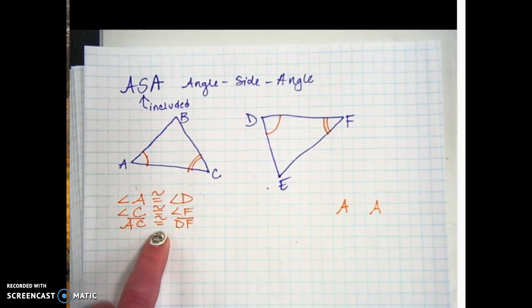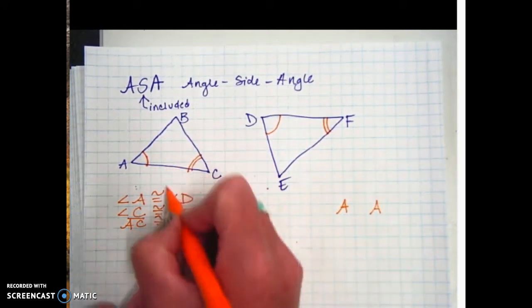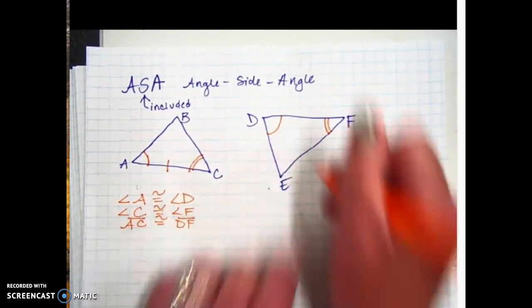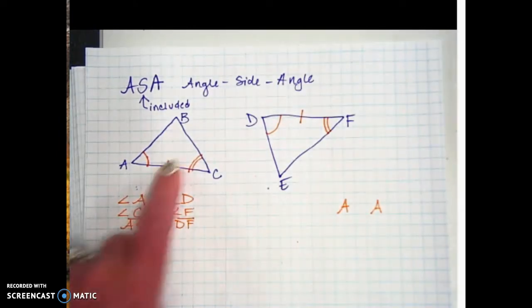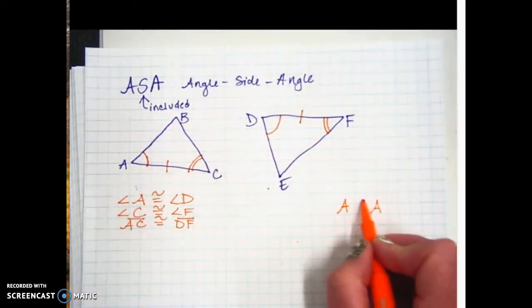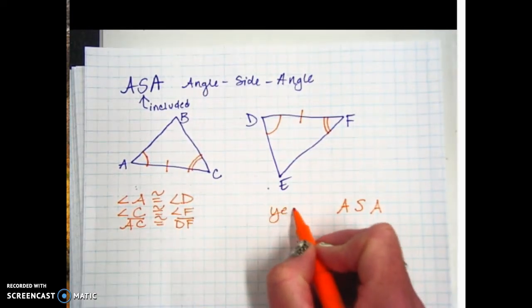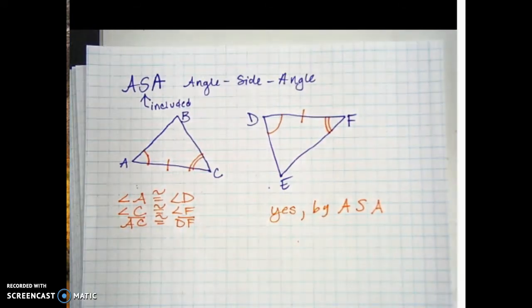Side AC is congruent to side DF. So here's AC. I'm going to put a single tick mark on it. And side DF, I'm going to put a single tick mark on it. It's included on this one. It's included on this one, so we put it in the middle. So we say yes, they are congruent by angle, side, angle.